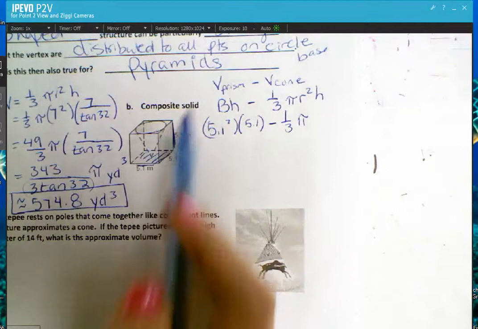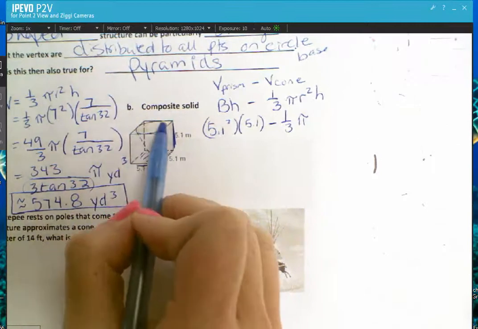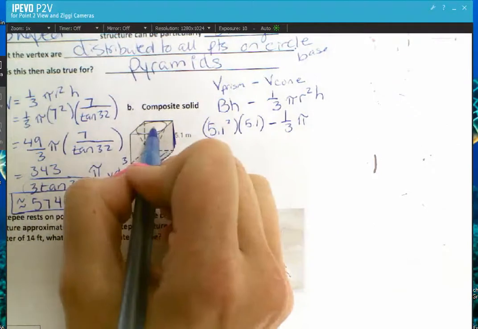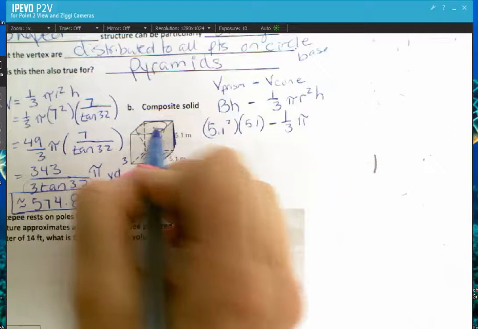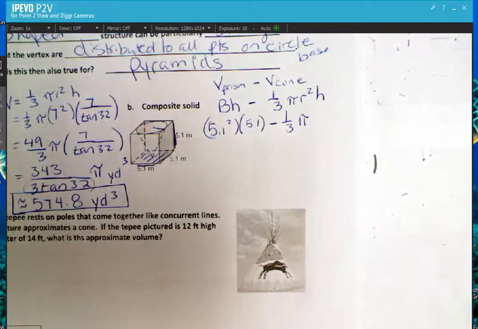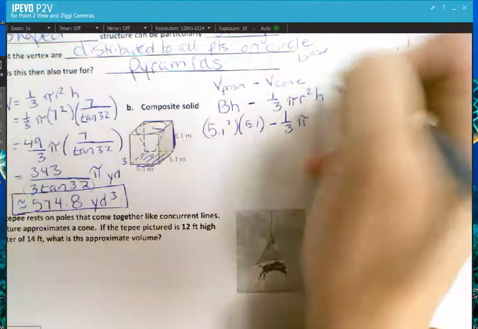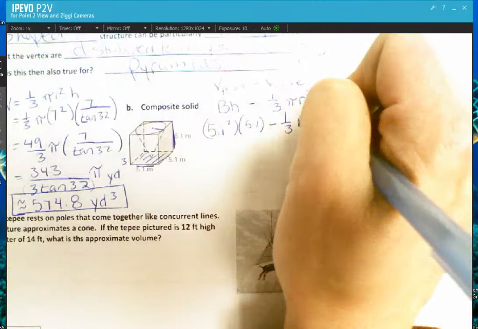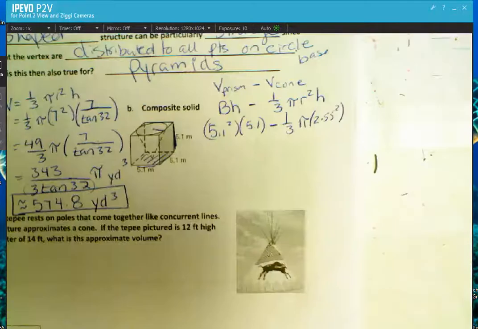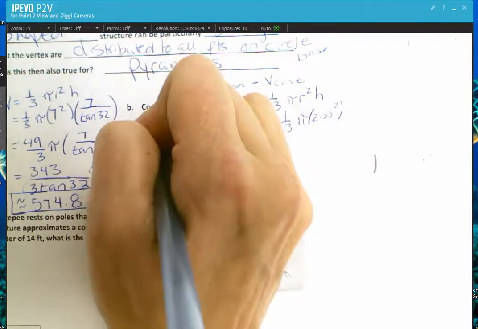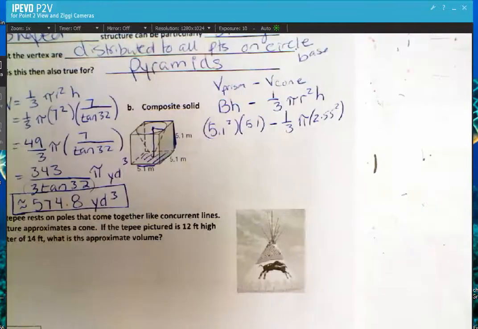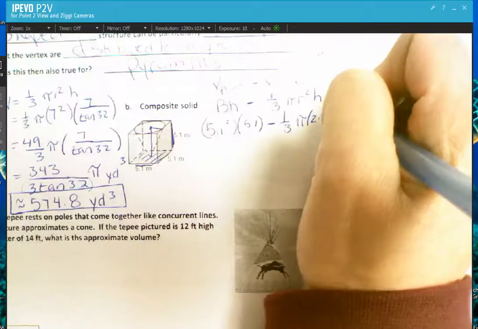So r, because my cone sits right inside my square, that's just going to be from the center to the side, so it's going to be half of my 5.1, which is 2.55 squared. And my height then is the top of the cone down to the bottom of the cone. Well, that's the same height as my cube, so it's times 5.1.